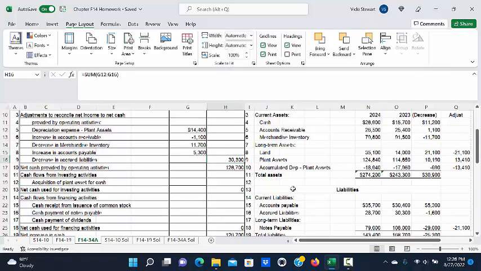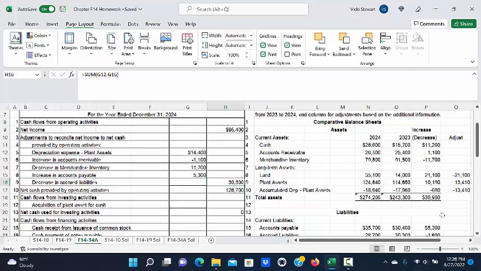So why do we add back an increase in accounts payable? Because all of our expenses that we charged this year have not all been paid for. So we included expenses in net income, but we haven't paid for $5,300 of those. So expenses are subtracted to determine net income, so we need to add back that amount.